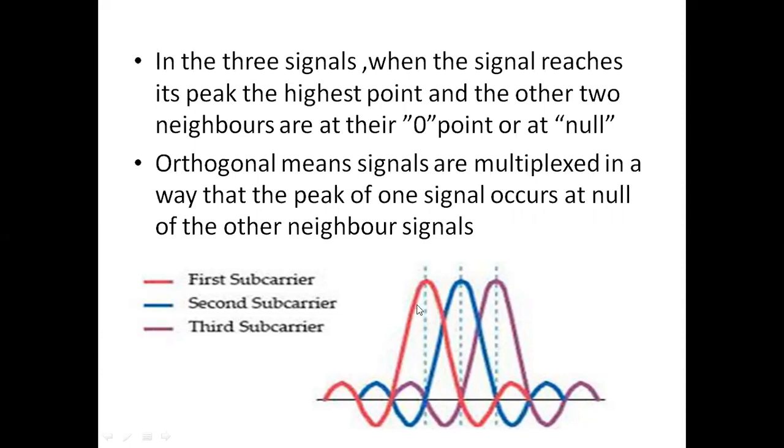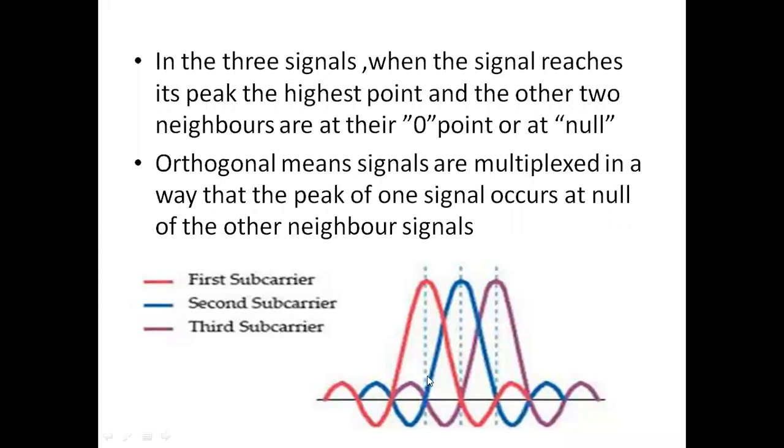If you see the figure, this is the red color signal. If it is at the peak position, the other 2 signals are at null. That is, the violet color is at the null position and the blue color is also at the null position. Similarly, if you take this signal, when it is at the highest position, the remaining 2 neighbors, the red color and violet color signals, are at null positions. And if the violet color is at the peak position, the other two signals are at null position.